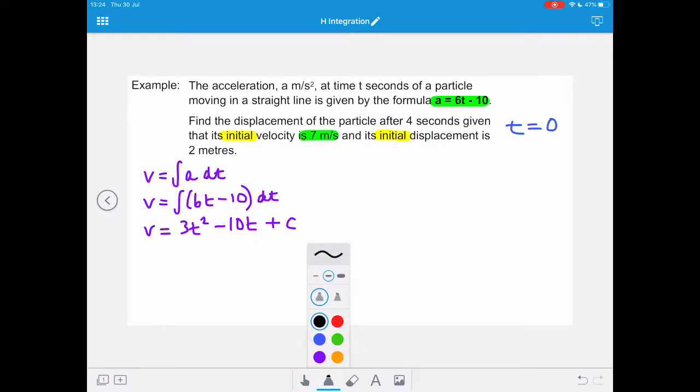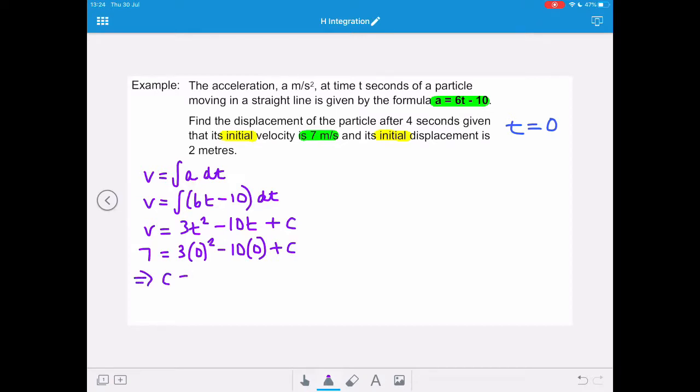So by substituting t equals 0 and v equals 7 into our equation, we get 7 equals 3 times 0 squared minus 10 times 0 plus c, and that gives us a constant of integration of 7. So our formula for velocity equals 3t squared minus 10t plus 7.